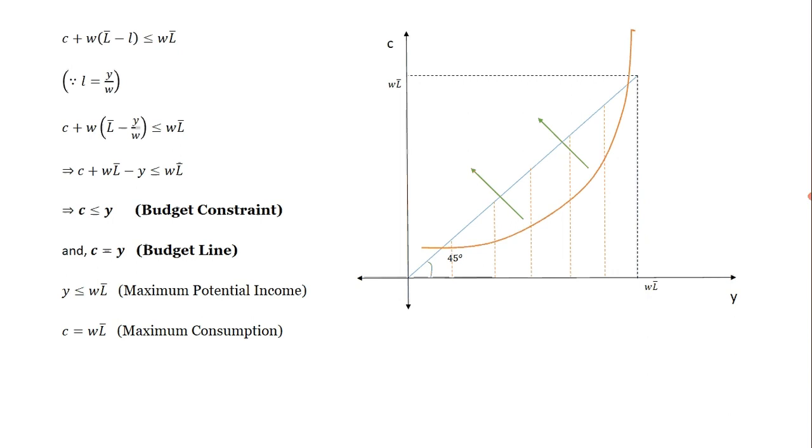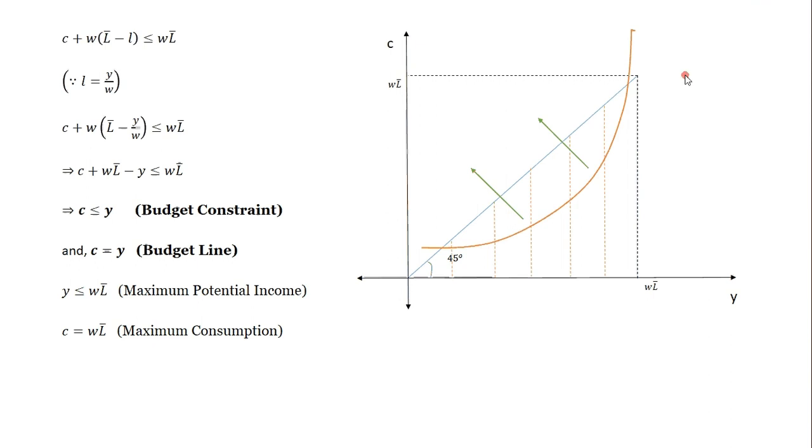Like if you watch movies, play some games, then you will enjoy, otherwise there may be some disutility. But it's given in the question that the marginal utility with consumption is strictly positive. That means if you increase your consumption infinitely, your utility will also increase infinitely. So consumption always increases your utility, but Y does not always increase your utility. After some point of Y, it will also decrease your utility.